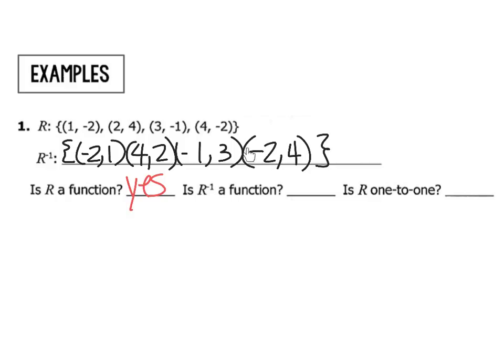The answer is yes. -2 happens twice as an x coordinate. So no, this is not a function because the x values repeat. So is the relation one-to-one? The answer is no, because the relation and its inverse both have to be functions in order for it to be one-to-one.